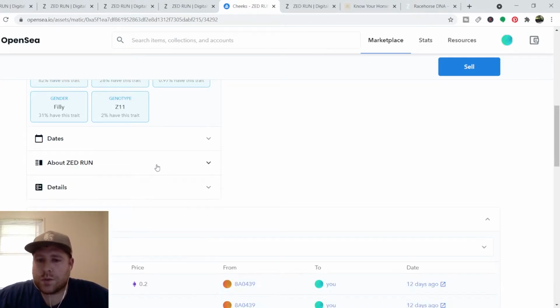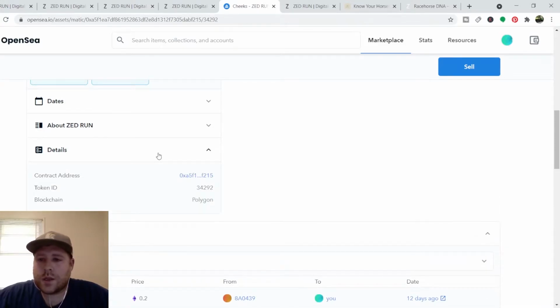Of course, your brief description, the details, contract address, token ID. These are things that you're going to need if you ever need to put in a ticket for Zed Run. Say something needs to be looked at on your horse, the transaction didn't look right. This is blockchain. Once the transaction is complete, there's no takebacks.